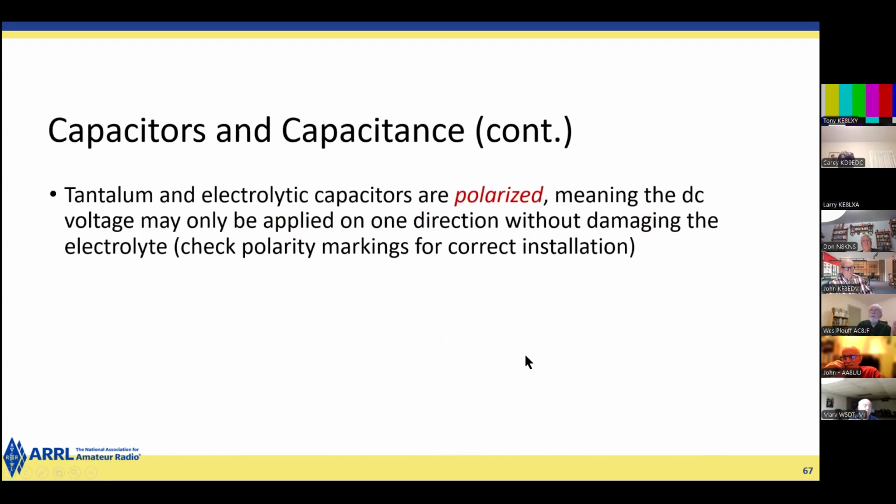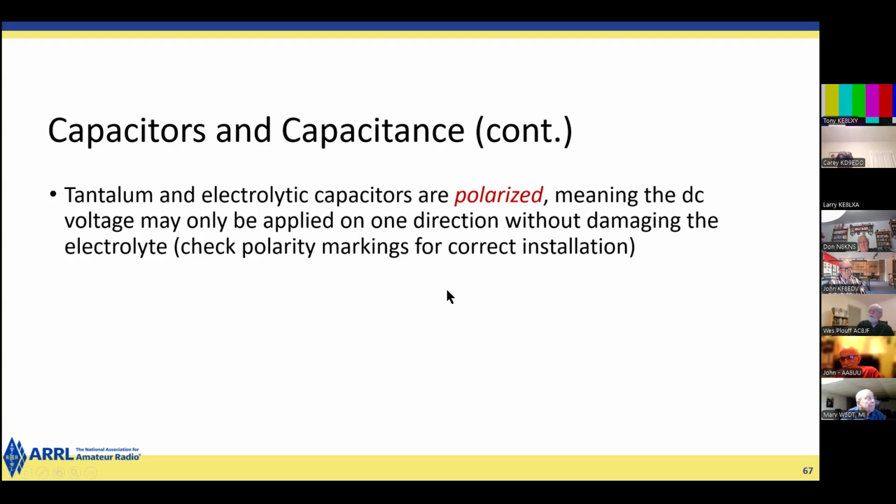Electrolytic capacitors and tantalum capacitors are polarized, meaning that the DC voltage can only be applied in one direction, because otherwise current can make a permanent chemical reaction or permanently damage or short together the electrodes of a capacitor inside.